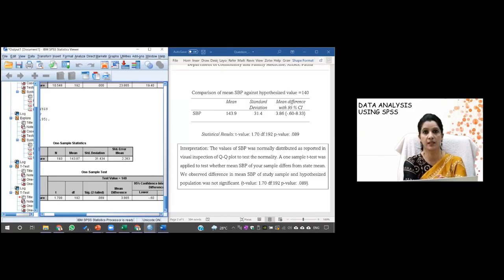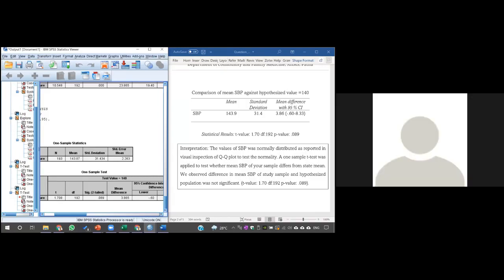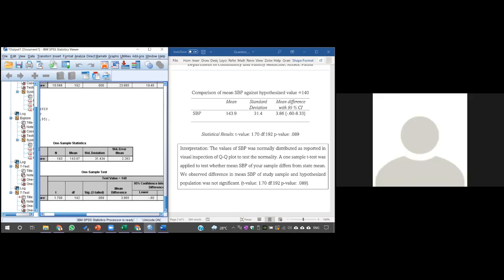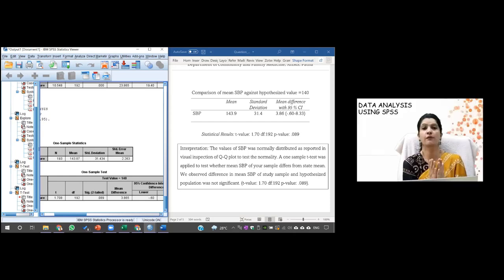So you can see here that if 0 is coming, then it's non-significant, right, ma'am? Yes, if 0 is coming, then it is. In case of a ratio, it is 1. In case of a difference, if 0 comes in between, it is not significant.